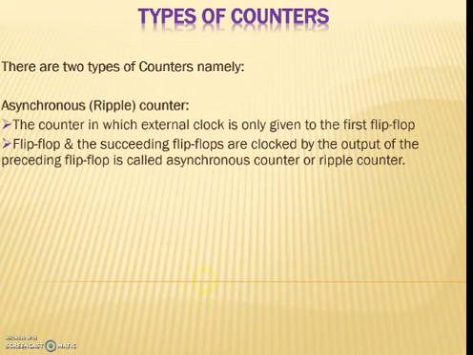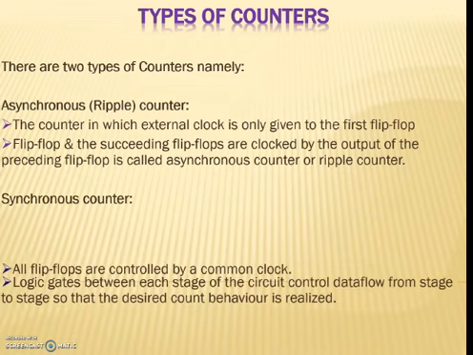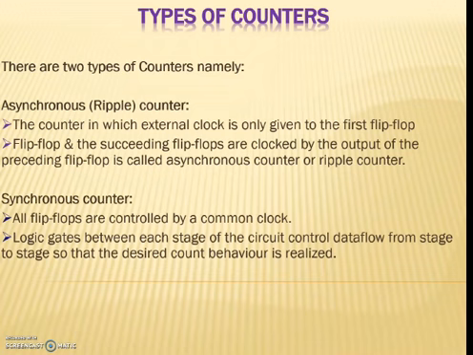The succeeding flip-flops are clocked by the output of the preceding flip-flops. But in the case of the synchronous counter, which is the second category, all the flip-flops are controlled by a common clock, where all the flip-flops are driven by the same clock pulse simultaneously.